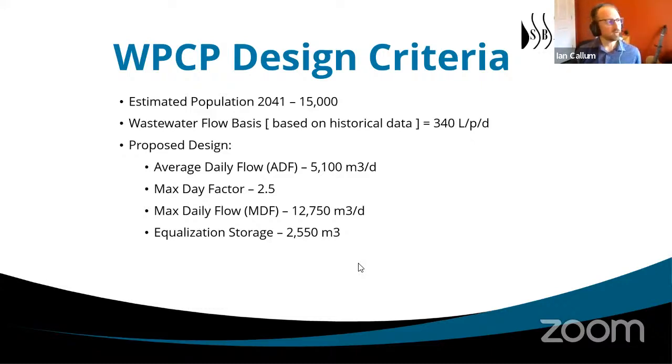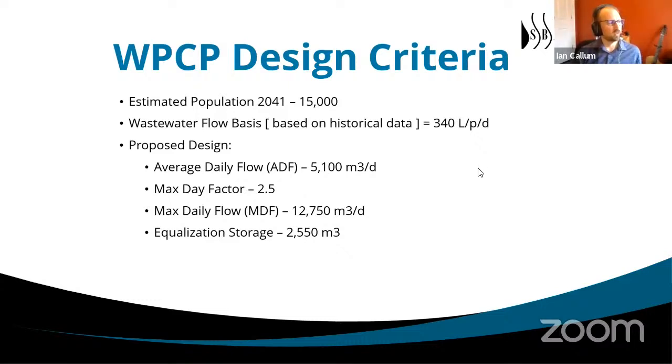So for the design criteria that we looked at, based on current projections, the town of Shelburne is looking at a population in 2041 estimated at 15,000. We used a wastewater flow basis, our estimation based on historical data, of 340 liters per person per day.